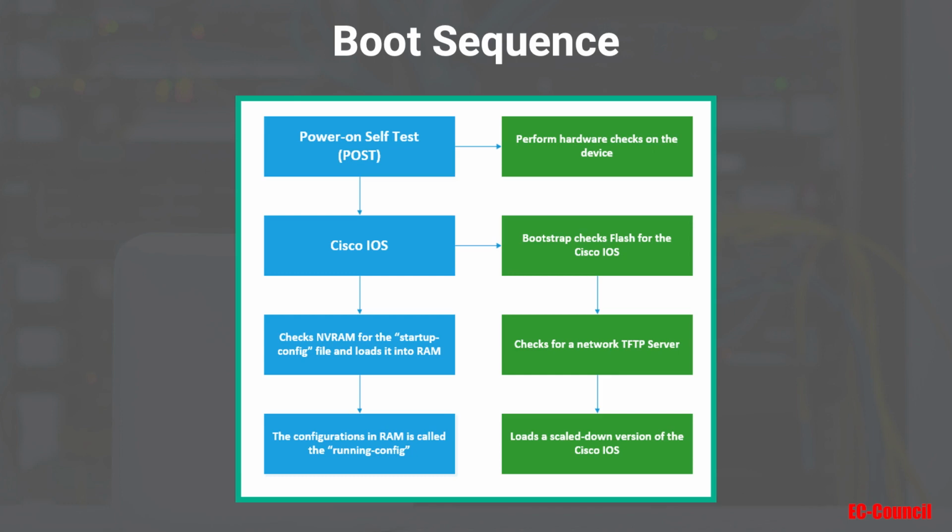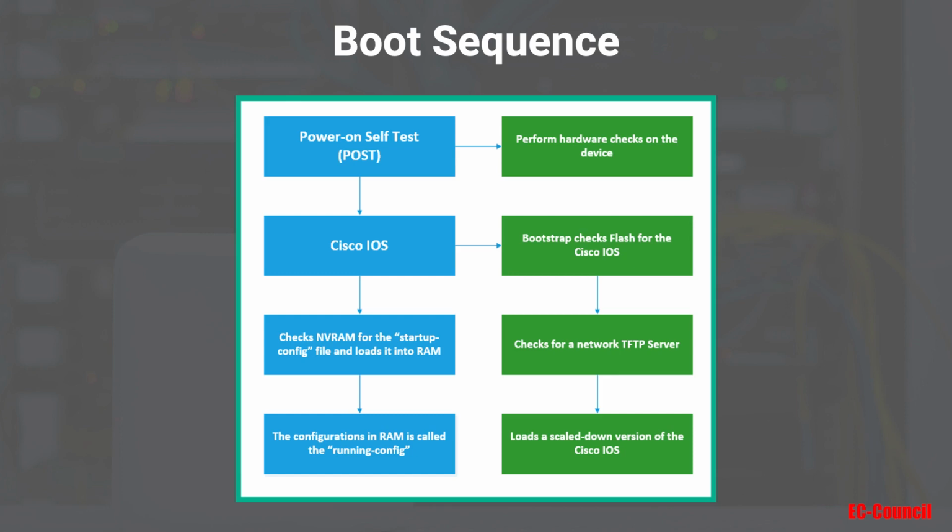So whenever you finish your configurations, test them, and everything is working fine, you should manually save the configurations to the startup config file. NVRAM, non-volatile RAM, simply means that it will retain the contents even after the device loses power or the device is rebooted. And this here, to put it simply, is the boot sequence of the Cisco IOS in a Cisco router or in a Cisco switch.